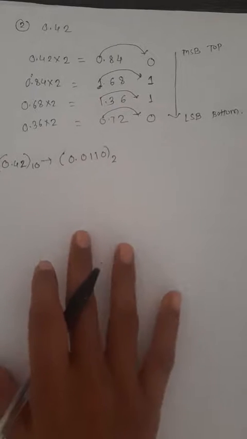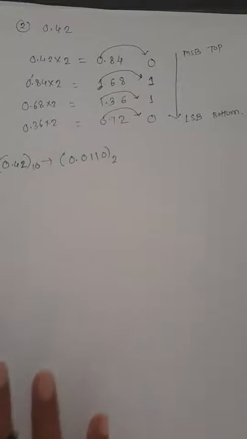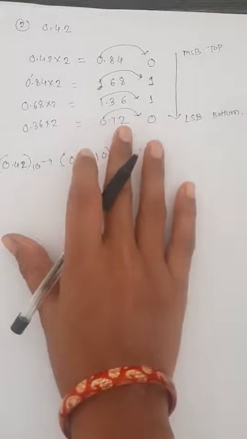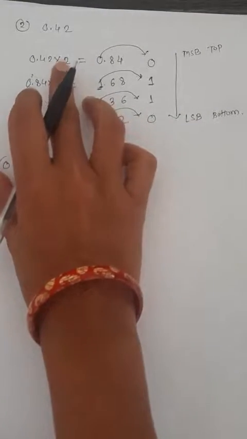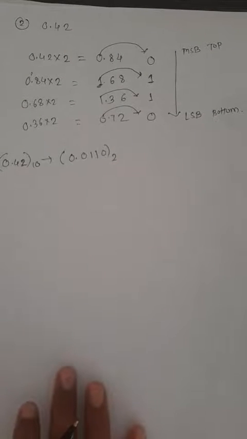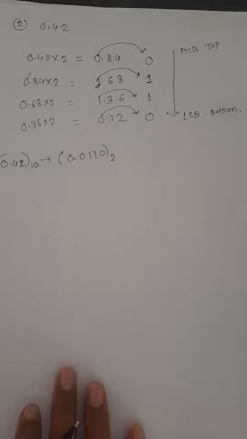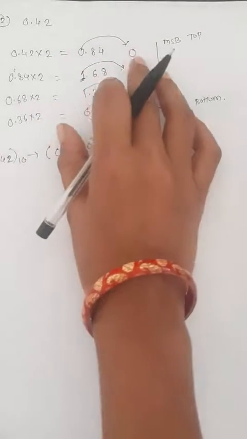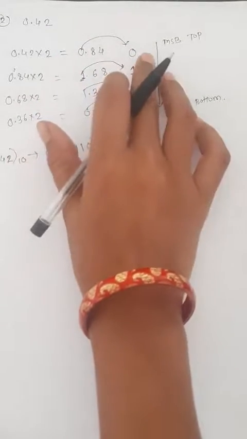So it is very easy to remember. In the integral part, we divide by the base of that system. In the fractional part, we multiply by the base of the system. After that, in the integral part we write the remainder on the right side after division, and in the fractional part we note down the carry on the left side.